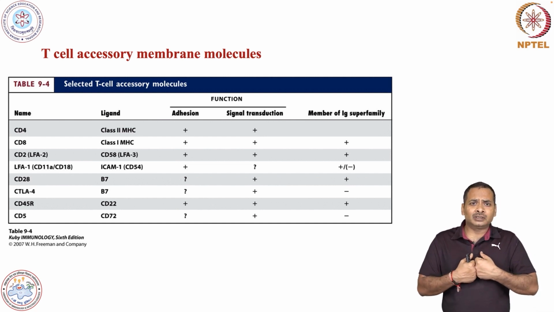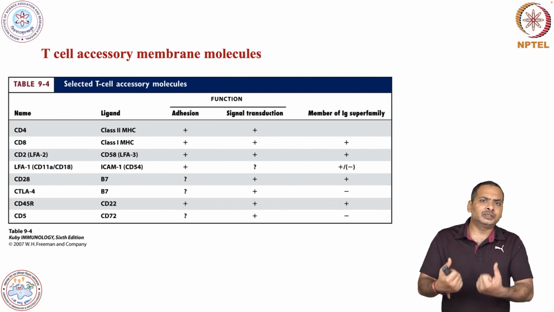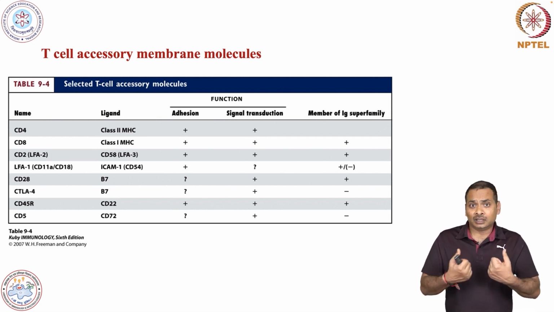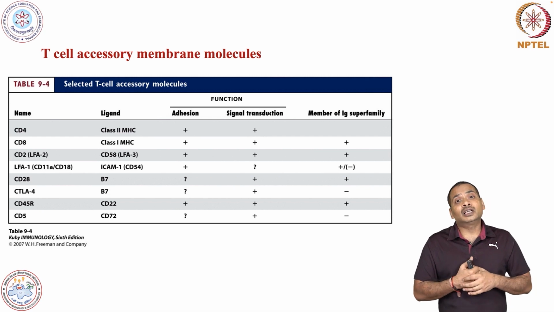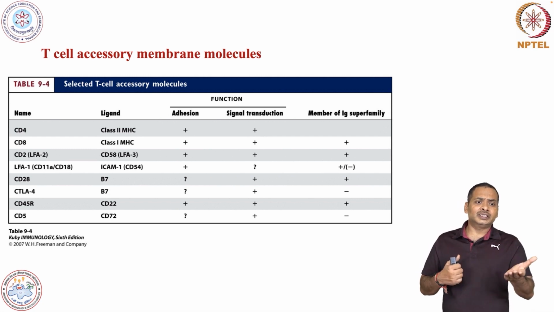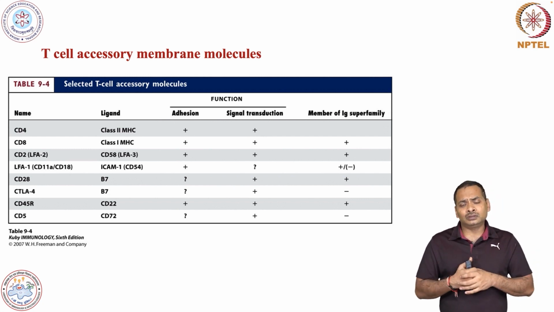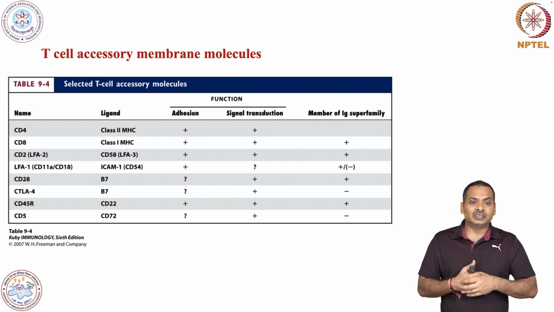This will bring the T cells and antigen presenting cells or other nucleated cells together. Okay. So if it is an MHC class 2 molecule, we can call it an antigen presenting cell, or if it is a CD8 and MHC class 1 molecule interaction, then it is basically any nucleated cell. Okay.